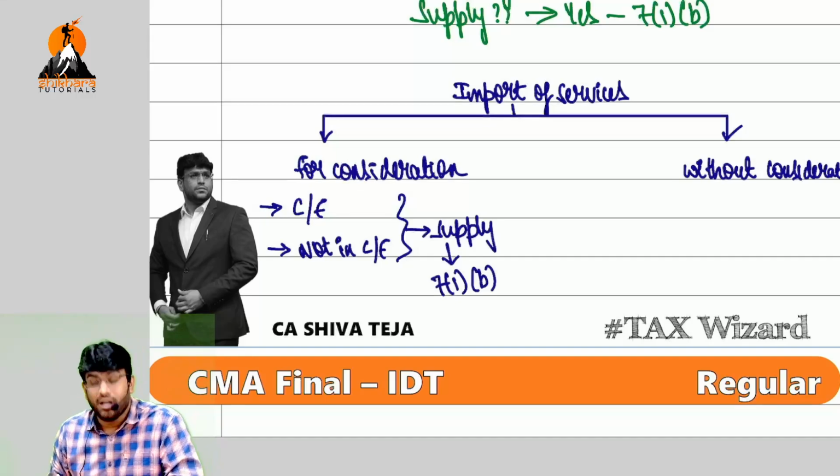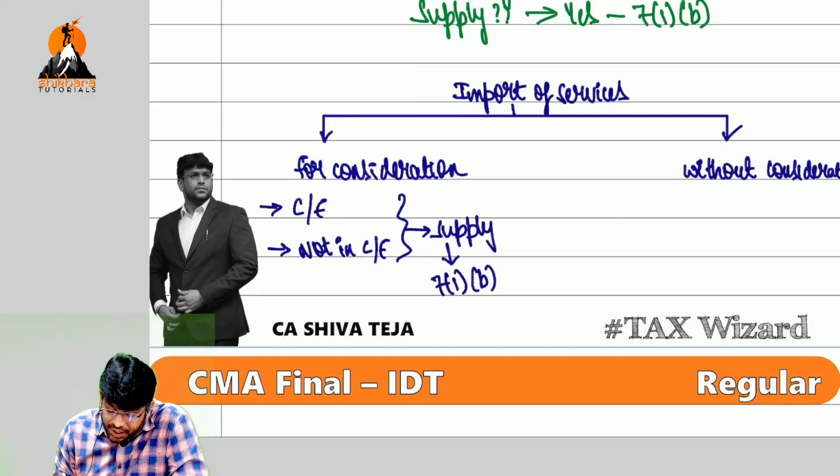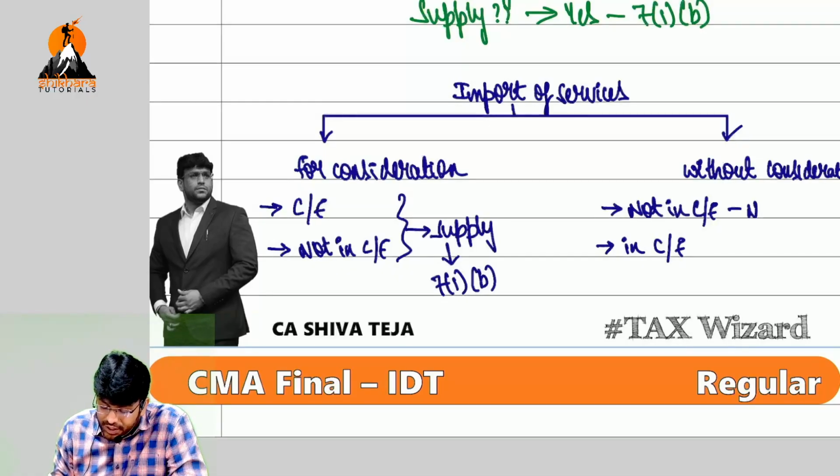Getting the point, everybody? Once there is without consideration, we will see not in the course or furtherance of business, in the course of furtherance of business. Not in the course of furtherance of business, it is not a supply.